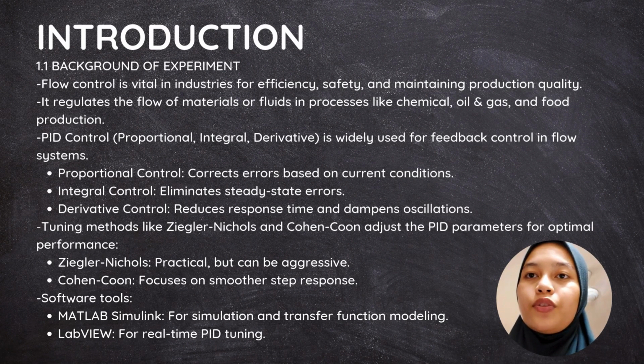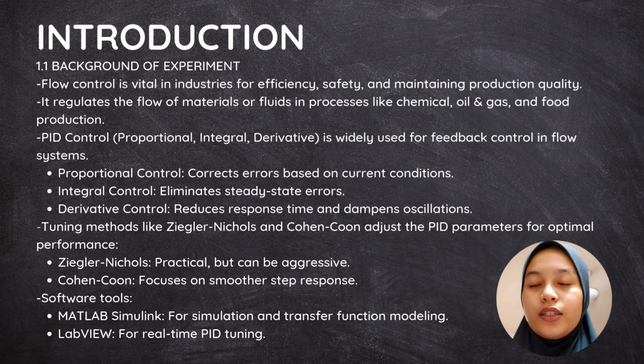In the introduction, for the background of the experiment, flow control is a vital industry for efficiency, safety, and maintaining production quality. It regulates the flow of materials or fluid in processes like chemical, oil and gas, and food production.